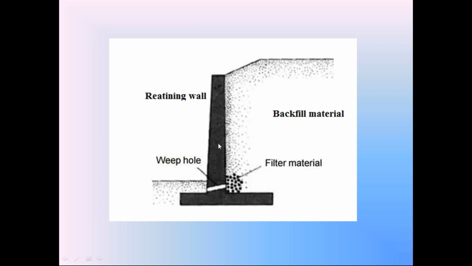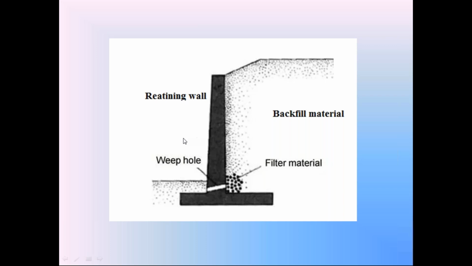This retaining wall may have a little horizontal movement in the forward direction, in this direction, because of the large horizontal earth pressure on the back side. This retaining wall has a small movement in the forward direction like this.